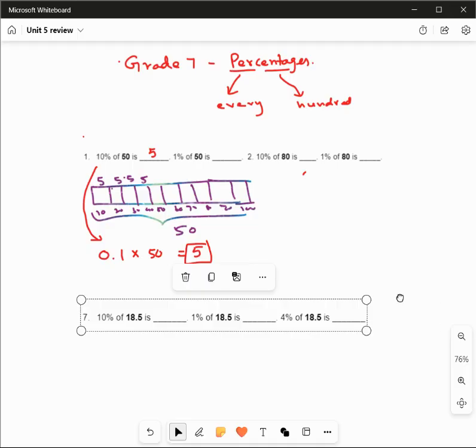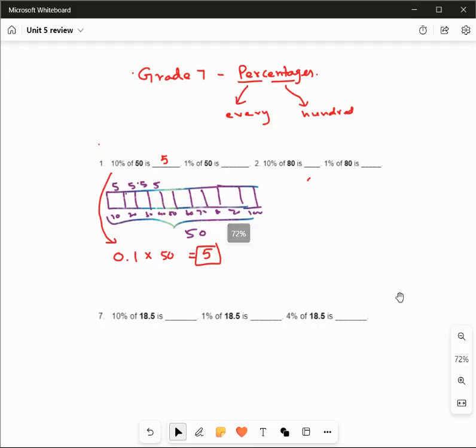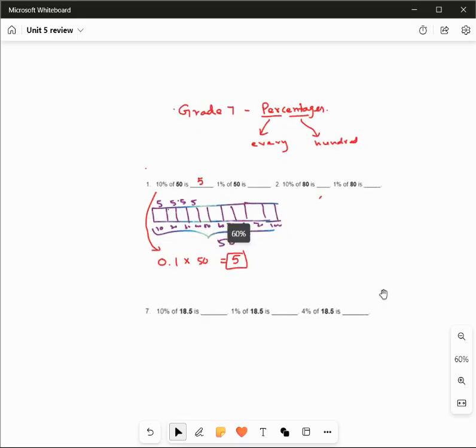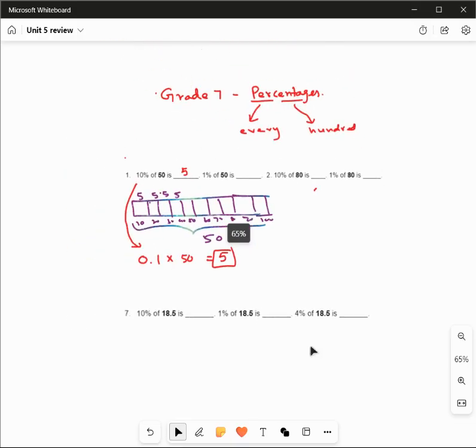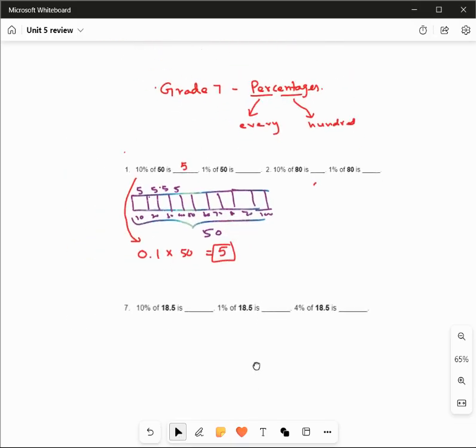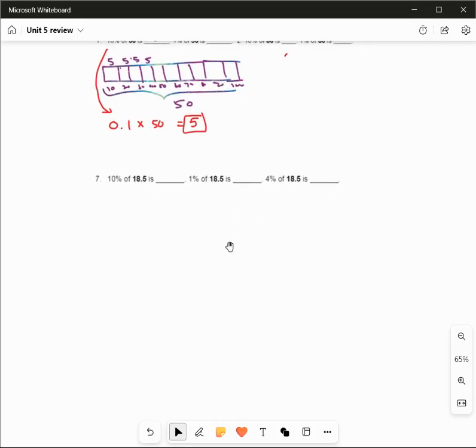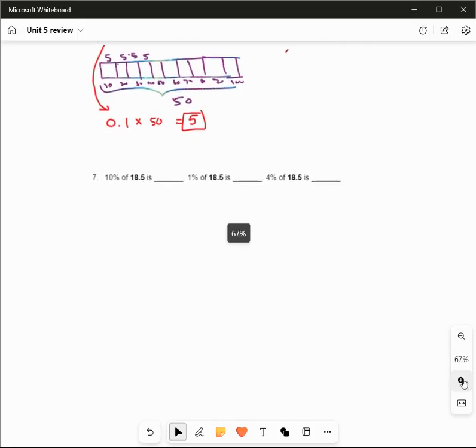All right, so work on question number 1 through 6 on your own, the way that we did it just before, and then we can move on to question number 7. Let me make it a little bigger.